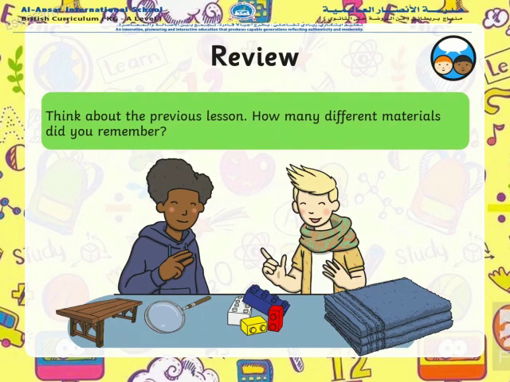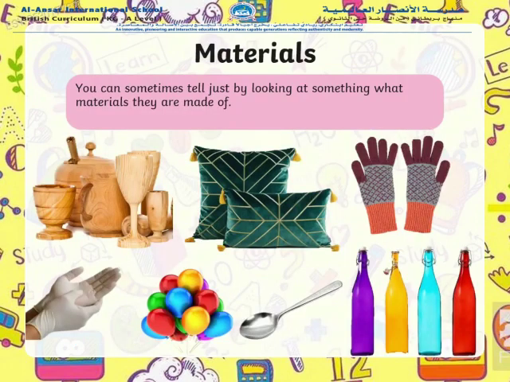Now learners, in this lesson we will talk about the properties of these materials. Let's have a look. You can look at these pictures and easily tell what they are. On the picture we have wood. The next picture is a cushion, made of fabric.